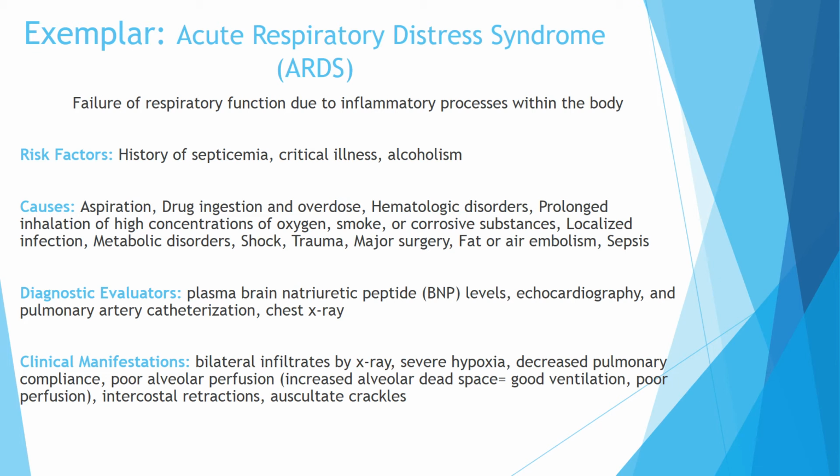They're so filled with fluid and damaged and stiff that they cannot adequately exchange gases. So that's why we end up with severe hypoxia, because that oxygen comes in and says, okay, alveoli, I'm here to exchange my oxygen and give the oxygen to your hemoglobin so you can carry it to the rest of the body. And the alveoli are saying, nope, I'm not home. I'm not working. I'm not here today. You can't give me your oxygen, and I'm not going to perfuse the rest of my body with oxygenated blood. All right?